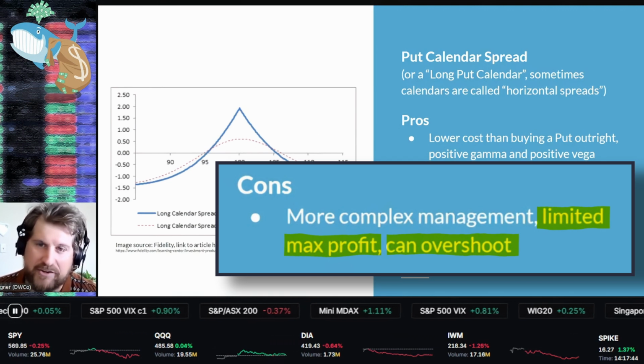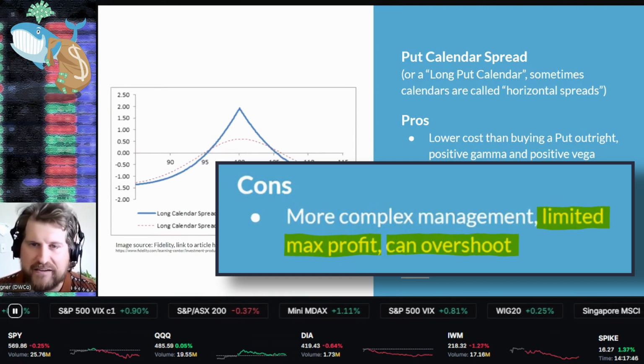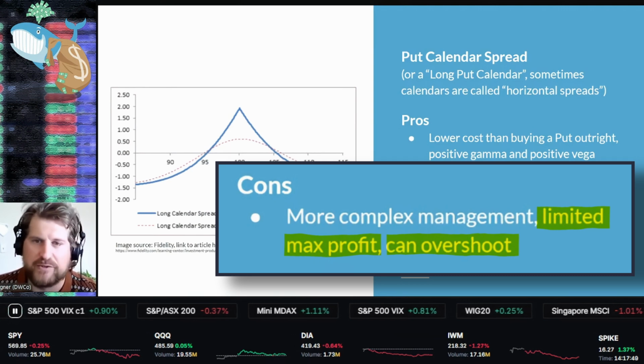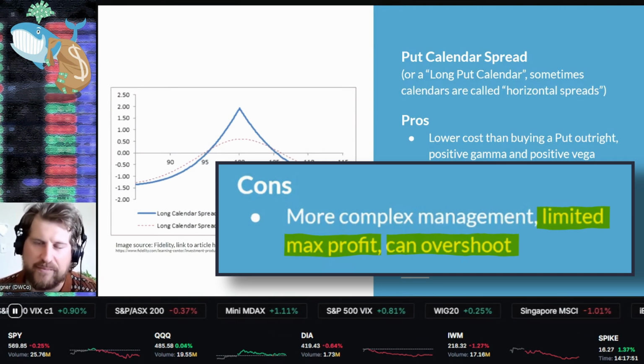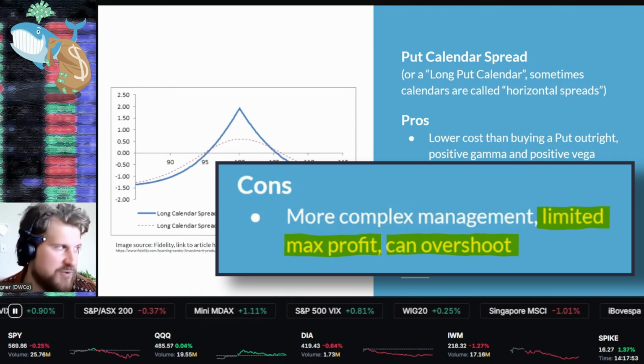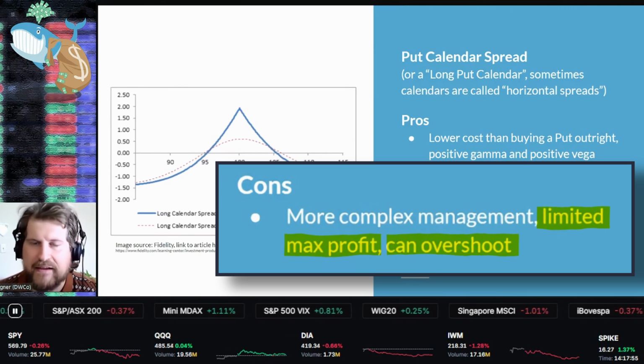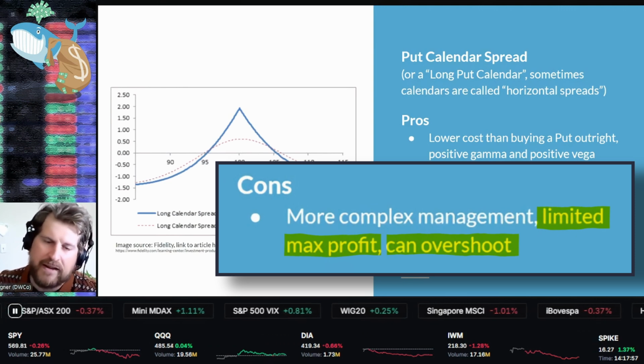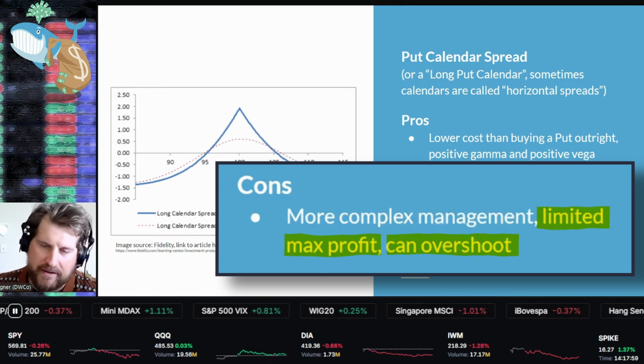The debit paid could wind up just being a loser, going to zero. You could wind up not doing as well as you would have on, say, a debit spread where everything past that short strike is max profit.